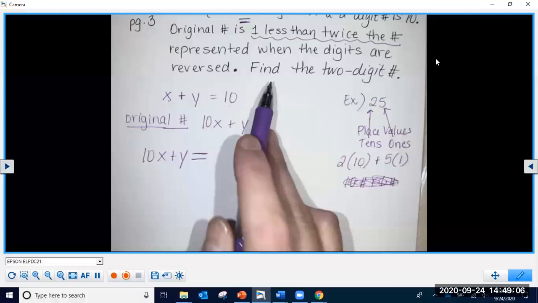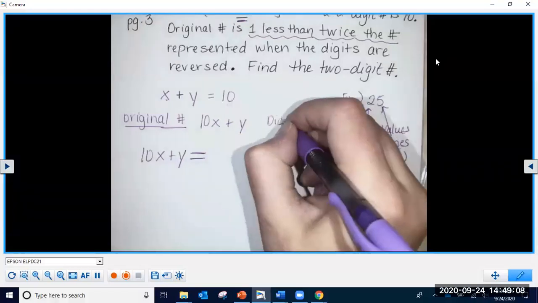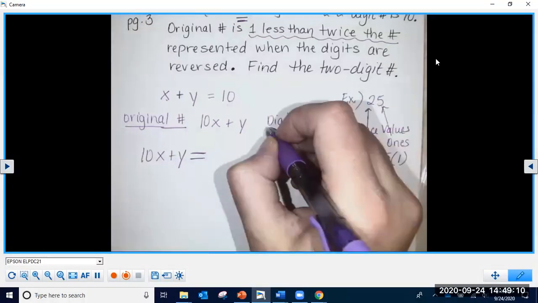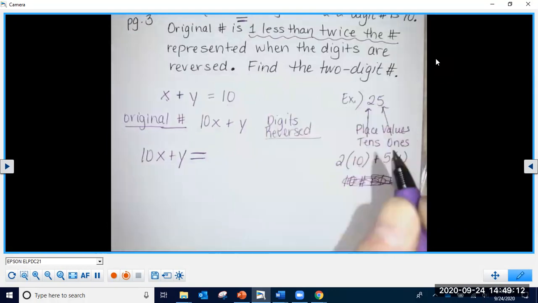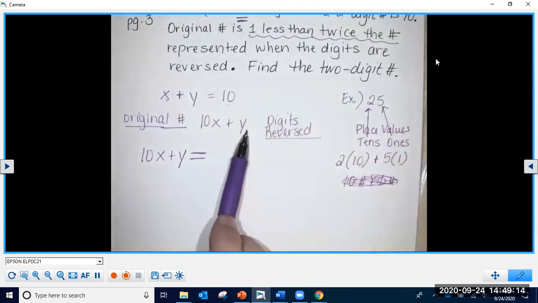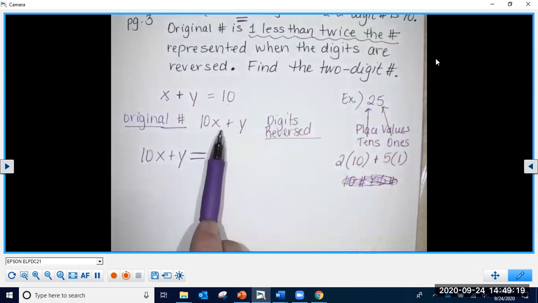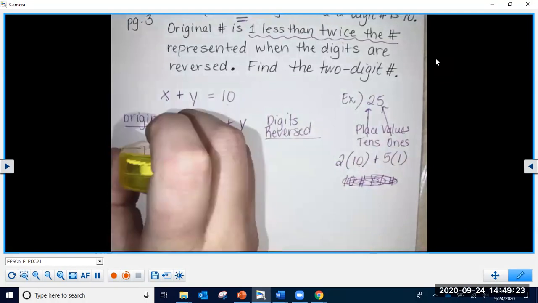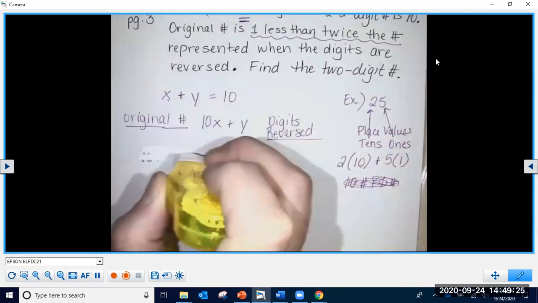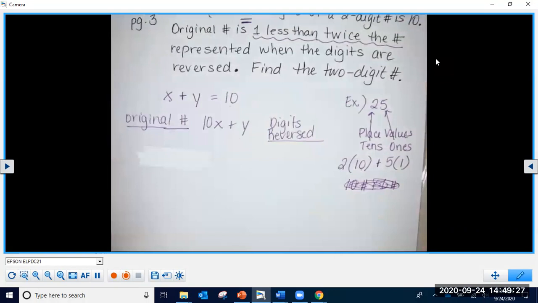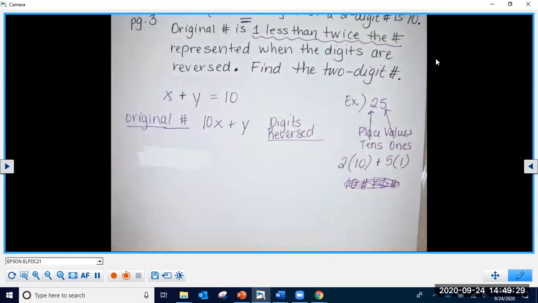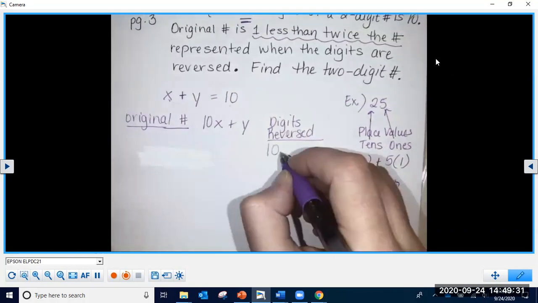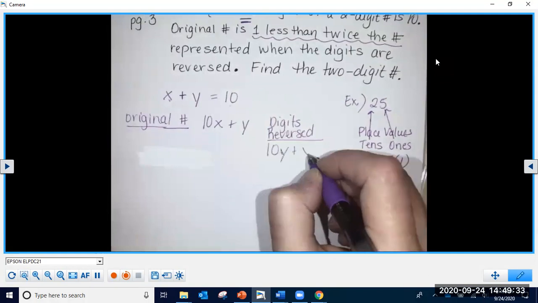So when your digits get reversed, tell me what that would look like. If I just reverse these digits, what will that look like in relation to this? You're just going to switch x and y.